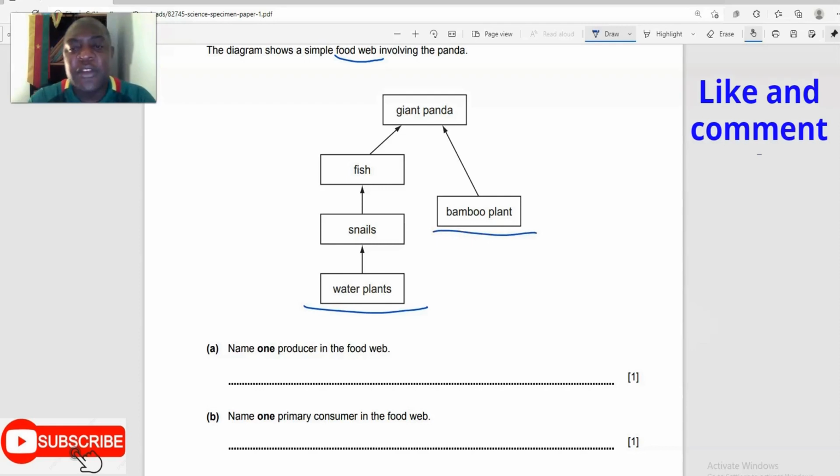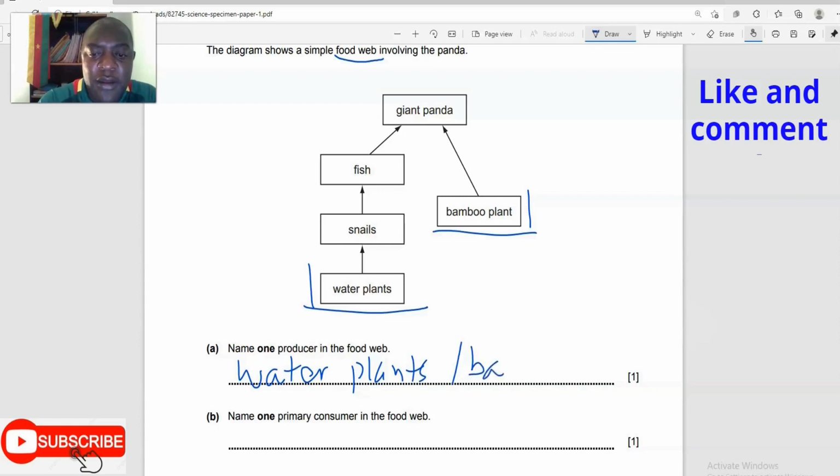In this particular food web, we have two producers: a bamboo plant and water plants. We can choose one because it says name one. So it can either be water plants right here, or we can put bamboo plants.